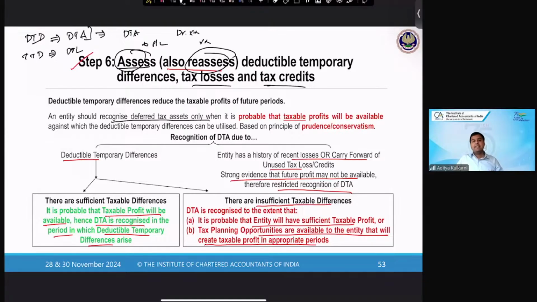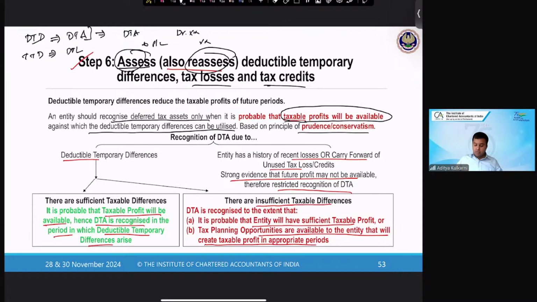You cannot create a DTA and write it off tomorrow. You should be able to display that you will get benefit of tax savings in the future. Only when it is probable that taxable profits will be available against which the deductible temporary differences can be utilized. This is based on the principle of prudence or conservatism.